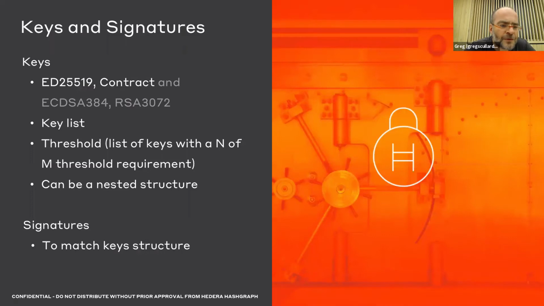As I said, this is native to the platform. Wherever you previously would have had to have a smart contract to manage multi-signature, you can do this at the API level natively. And they can be nested. So you can create some relatively complex structures. There is a limit to the depth you can go to, but it's high.